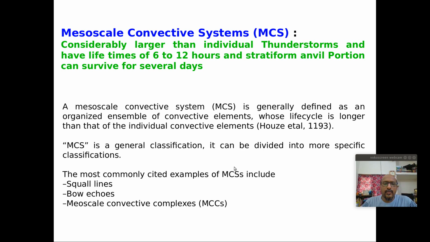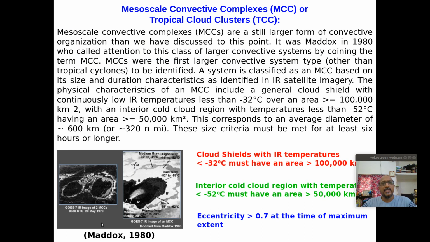We define this mesoscale convective system based on Maddox, who, after the satellite era in the 1970s and 1980s, proposed an objective criterion to identify it. If you look at the IR satellite imagery, there is an inner cloud region in which the cloud top temperature is less than minus 52 degrees Celsius, covering an area of almost 50,000 square kilometers.